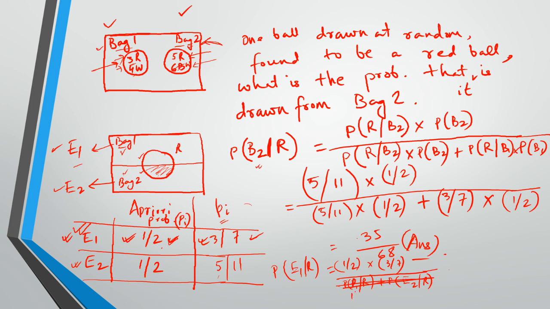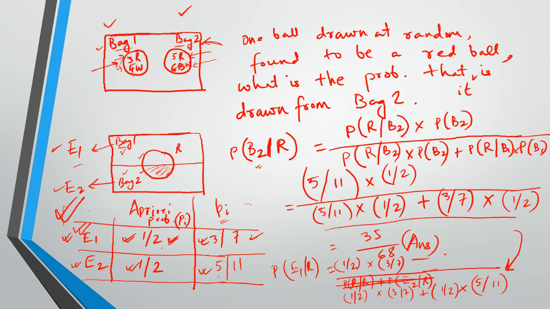So basically half times 3 by 7 plus probability that event E2 took place, half, times the probability it's a red ball given event E2 took place, so 5 by 11, right? So you see, it's the same thing as this one. That's why I said the concept is entirely the same. It's just a different way of representing. And I also prefer this way.